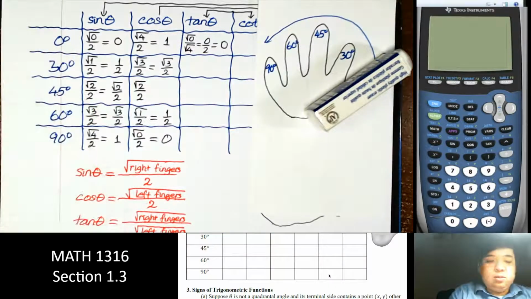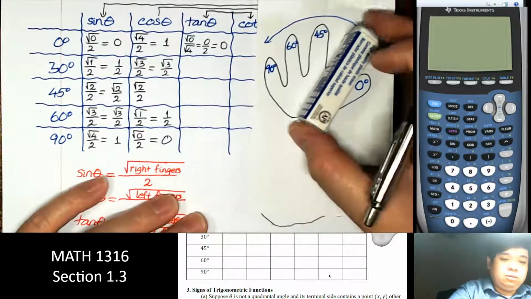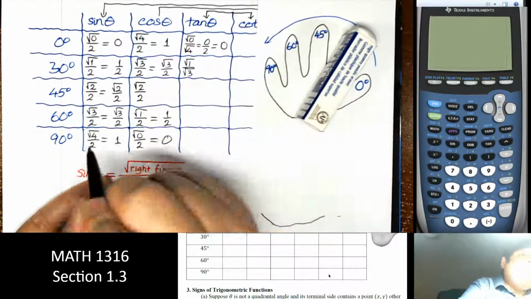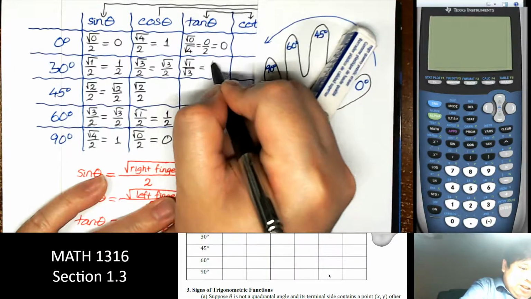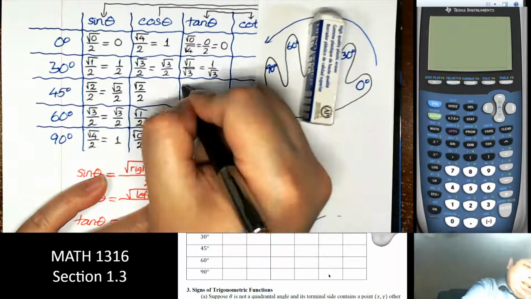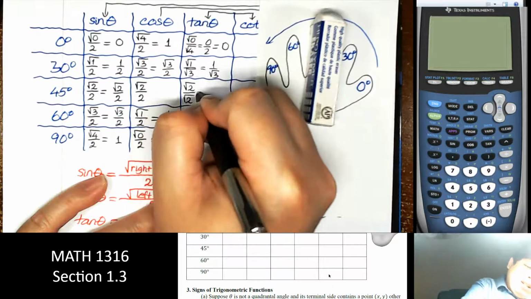Zero. 30 degrees. 1 on the right, 3 on the left. 45 degrees. 2 on the right, 2 on the left.